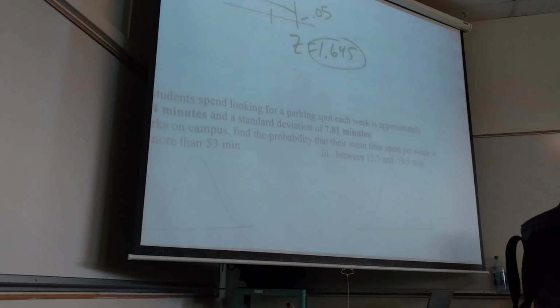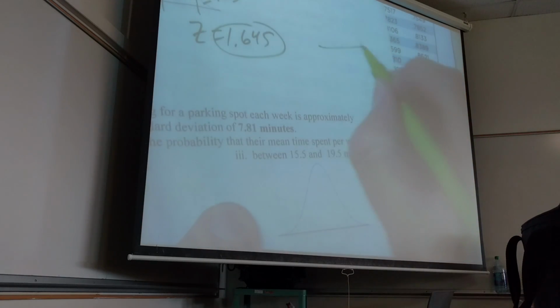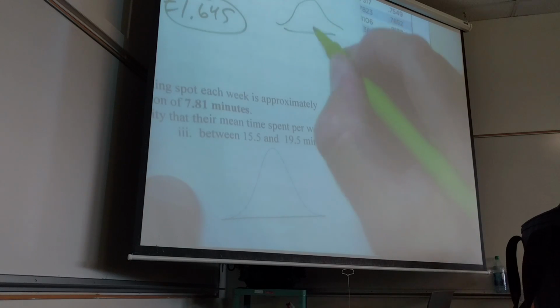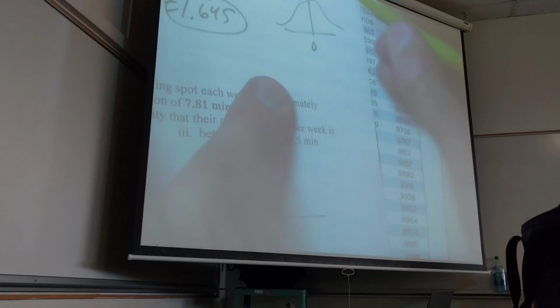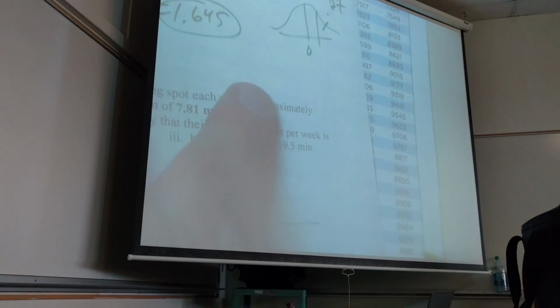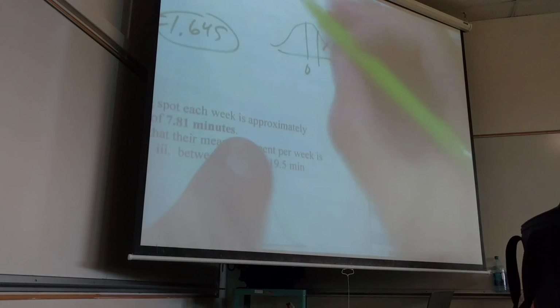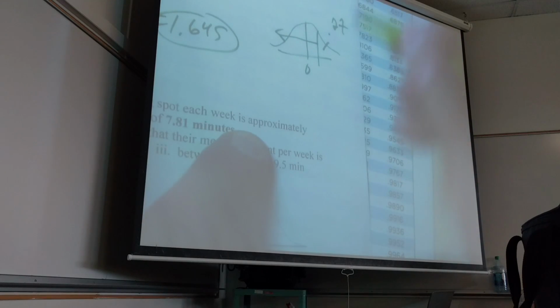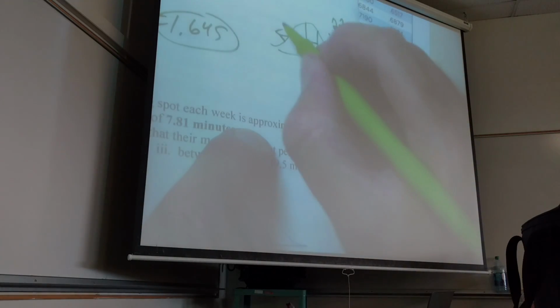I'm sorry. Are you going to ever ask us for any other questions? Of course. I can ask you what z-score has 27% above it. Let's do that one. So it's still going to be up here somewhere, but now it's 0.27, right? 27% above it, which means how much is below it? 73.